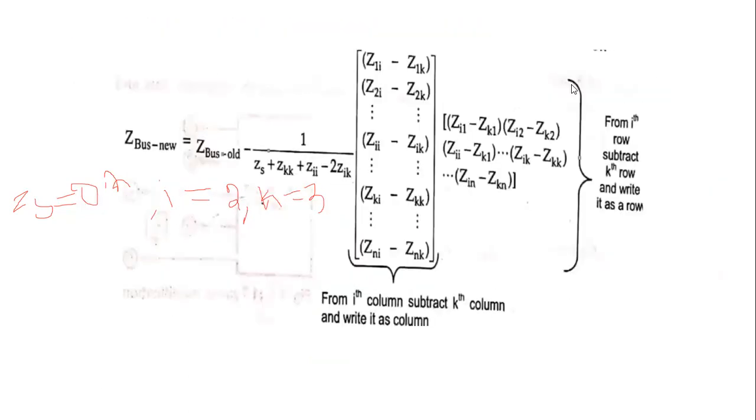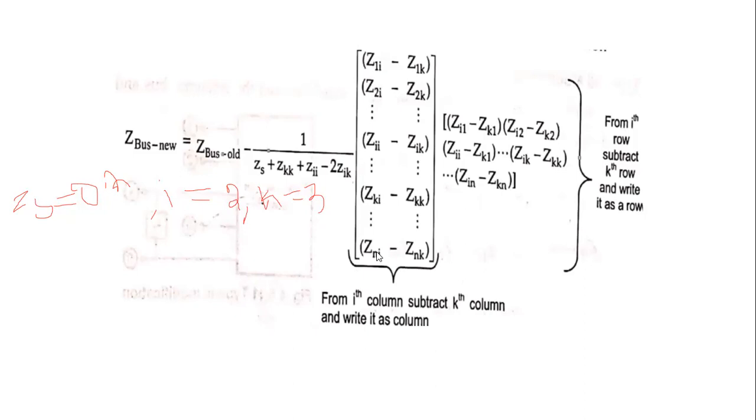Therefore ZKK means Z33 and ZII means Z22, minus 2 ZIK, that means Z23, into Z1I, which means Z12 minus Z13, and N is also equal to 2.